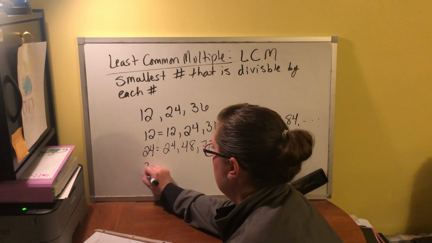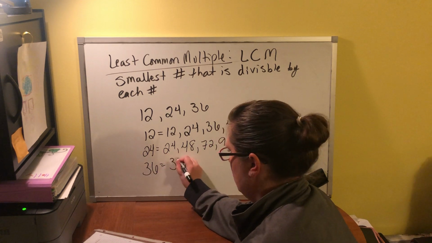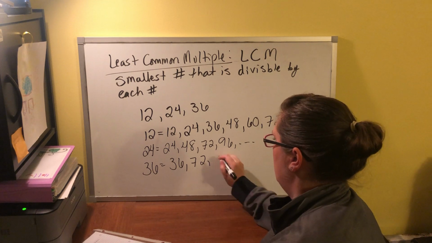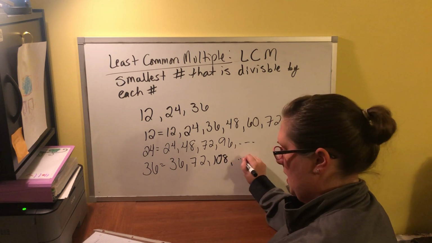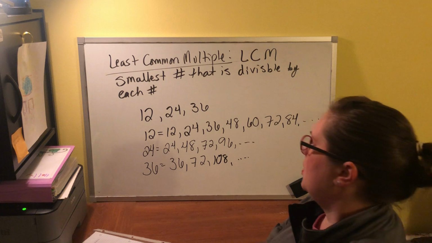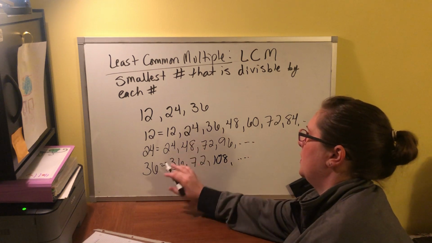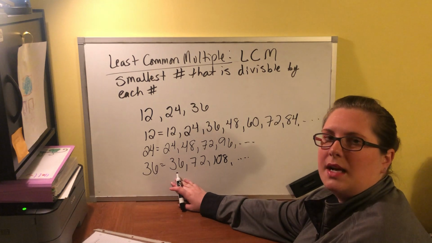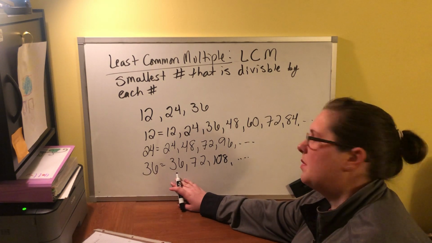And last, let's look at 36. So 36 times 1 is 36, times 2 is 72, times 3 is 108, right, and so on and so forth. So we see that 12 and 24 have 24 in common, right? But 36 isn't in there. So it has to be a number that all 3 of them have in common.